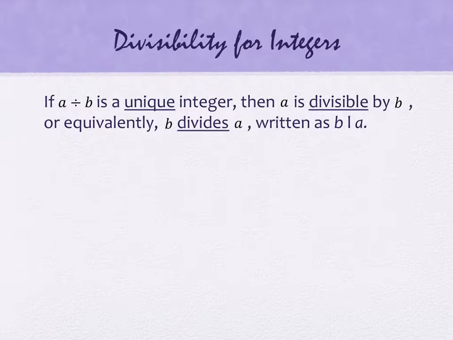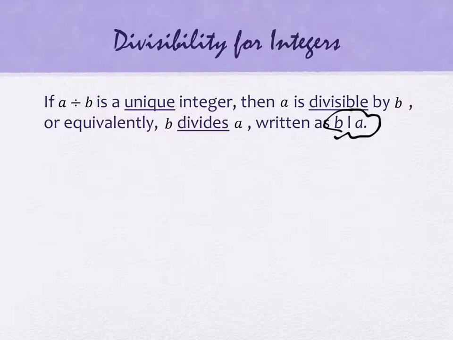So if it's a unique integer, then a is divisible by b, or equivalently b divides a, written with this notation, which we've seen before, right? But again, when we saw it before, we used it only in terms of whole numbers. And this is extending the same thing we already knew to include integers as well.